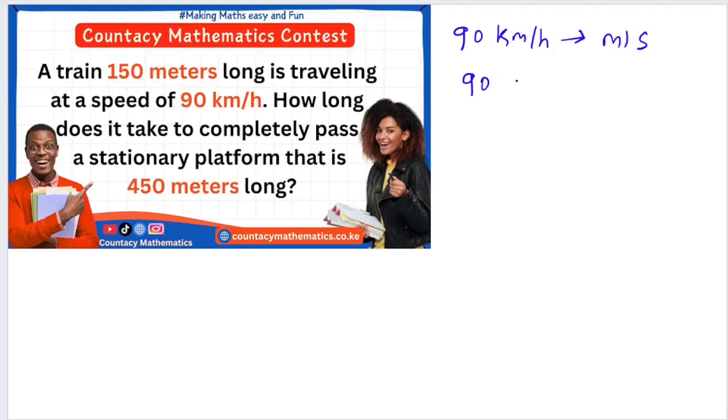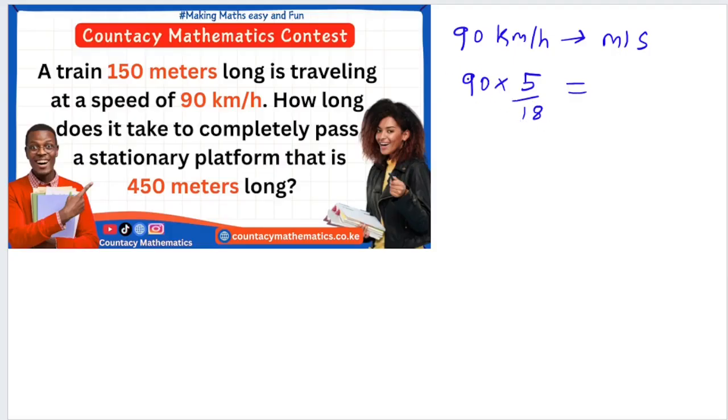To convert that, you are supposed to know one thing, and that is how to convert. Normally, to convert kilometers per hour to meters per second, we multiply the value in kilometers per hour by 5 over 18. Are there any elements here that are divisible with each other?